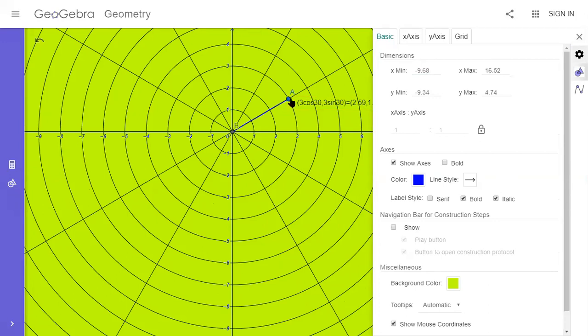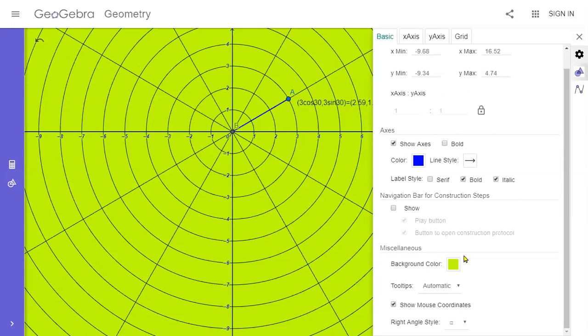Let me do some modifications: background color, show mouse coordinates. The coordinates should be visible, but here the coordinate is not visible.